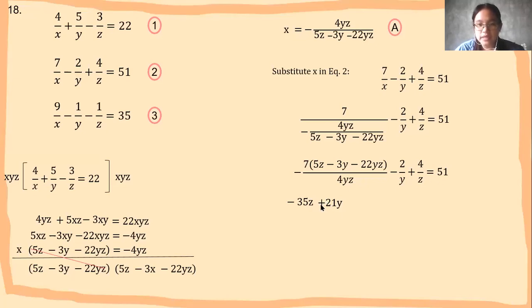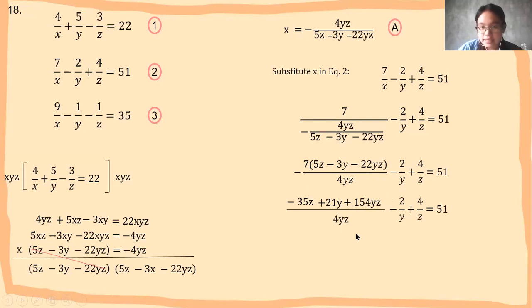It is supposed to be positive, I'm sorry. So we have negative 7 times negative 3y is equal to positive 21y. Next, we have negative 7 times negative 22yz. We have positive 154yz over 4yz. Then copy the remaining terms.